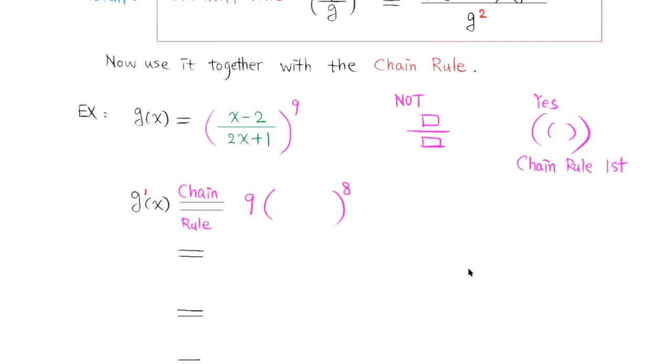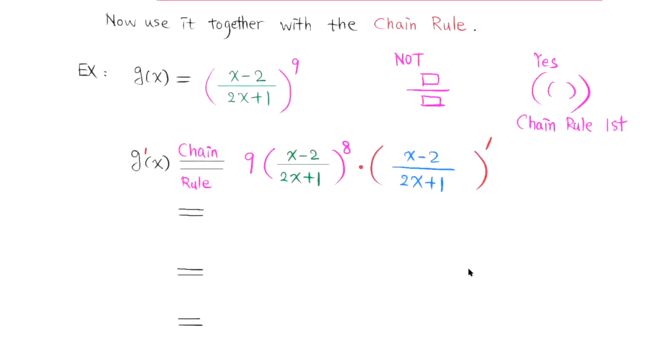And then this part inside here, you just copy it inside. So that indicates putting the derivative right here. And now some of you already mentioned, what kind of rule do I use over here when I differentiate? Quotient rule? Yeah. So this one over here, we use the quotient rule because it's a quotient. All right. Good.